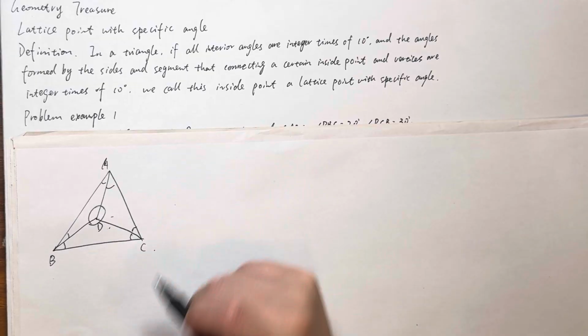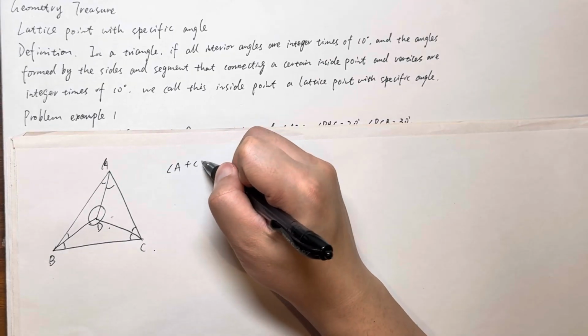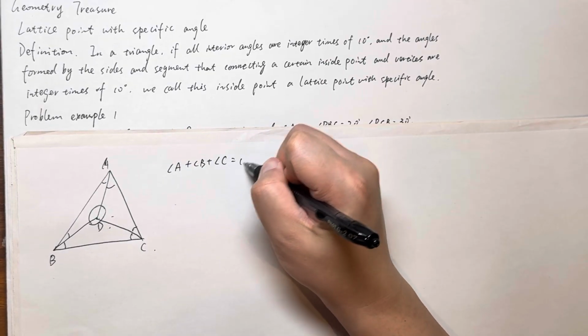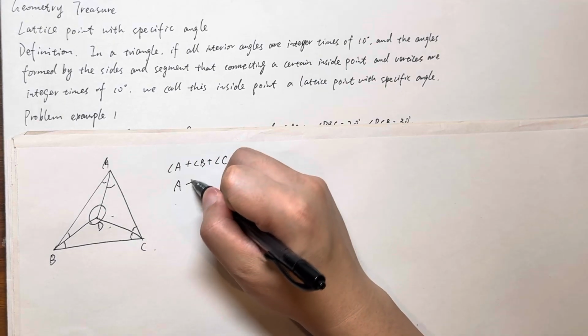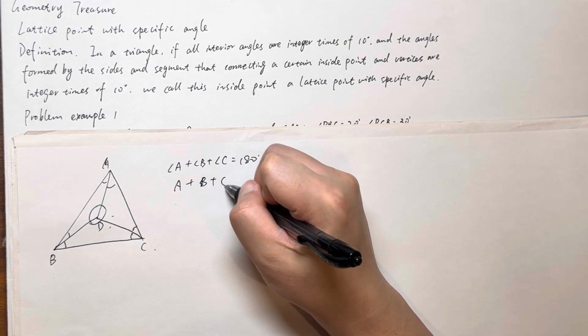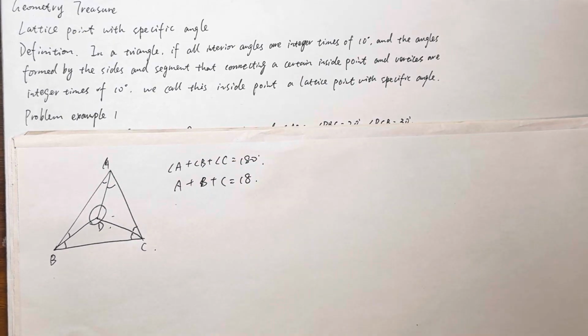What we know is angle A plus angle B plus angle C equals 180 degrees, which means we can define 3 integers A, B, C such that A plus B plus C equals 18.